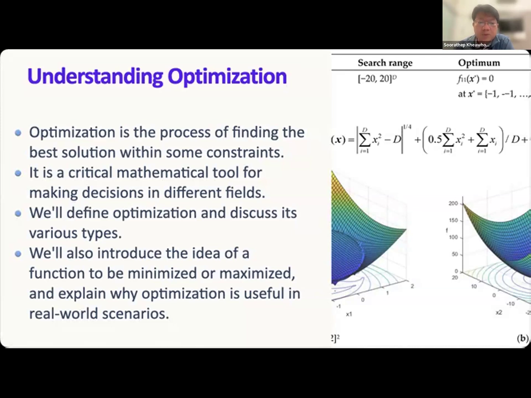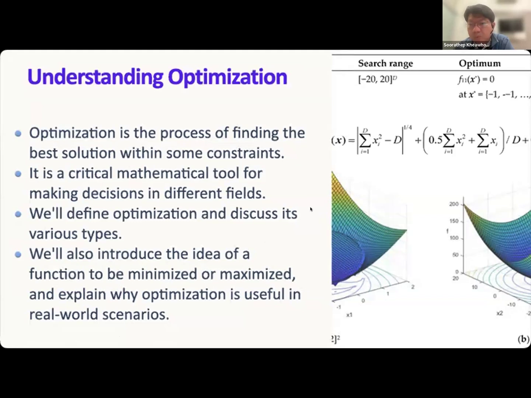In this course, we also introduce the idea of a function to be minimized or maximized, and explain why optimization is useful in real world scenarios. Why is optimization important? I mentioned that optimization is a mathematical tool, but what is the connection between those tools and real world problems?